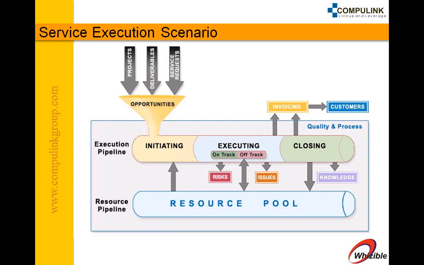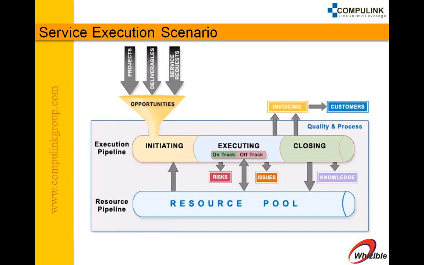Projects that eventually do complete go into the closing phase. As projects close, there are three things that happen. Number one, the resources are released back to the pool. Number two, the organization acquires knowledge, and with this knowledge helps execution of subsequent projects.